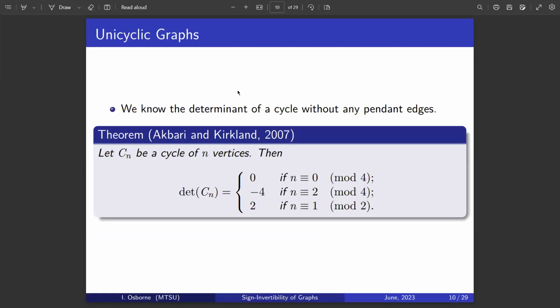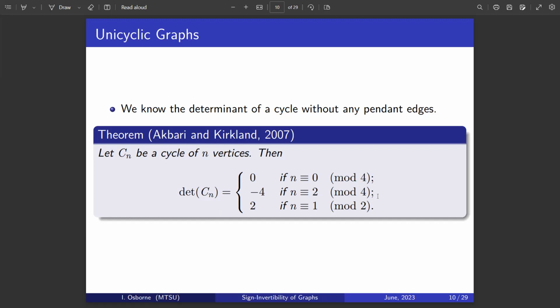Okay, so with all of that in mind, we wanted to start looking to see if we can find which unicyclic graphs were going to be s-invertible. We were very quickly able to see from this result in 2007 that if you have a cycle without any pendant edges on it, it immediately can't be s-invertible because none of your cycles are ever going to be unimodular.